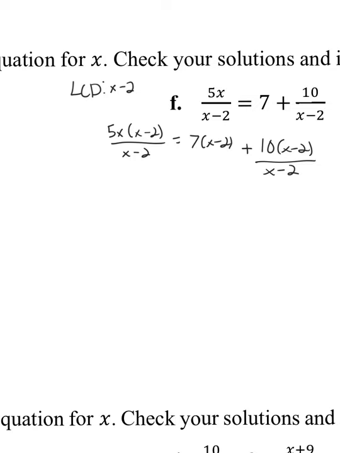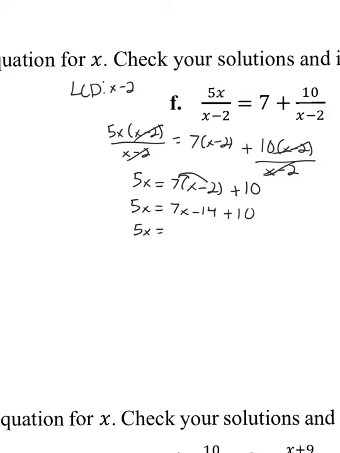And then I get x minus 2 over x minus 2. Those are going to go away. So I'm left with 5x equals 7 times x minus 2 plus 10. That's not too bad to solve right there. Not too bad at all. And now I end up with, simplifying this, 5x equals 7x minus 14 plus 10.